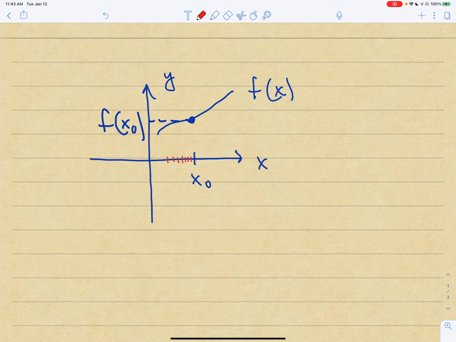Then corresponding to each x, there is a y.